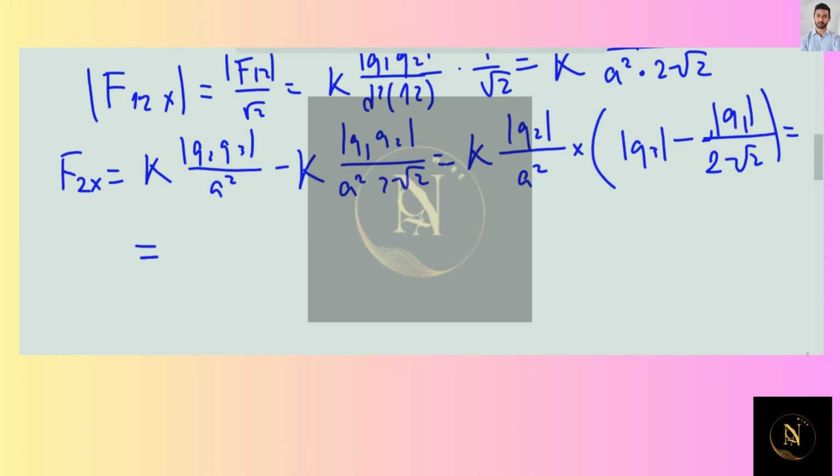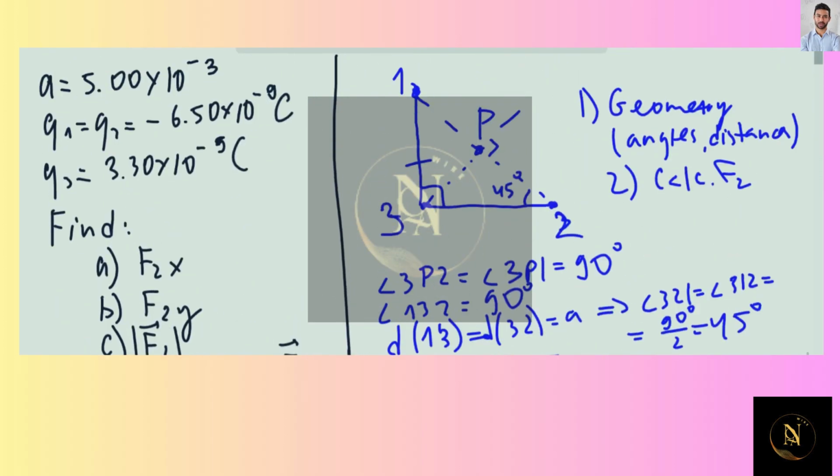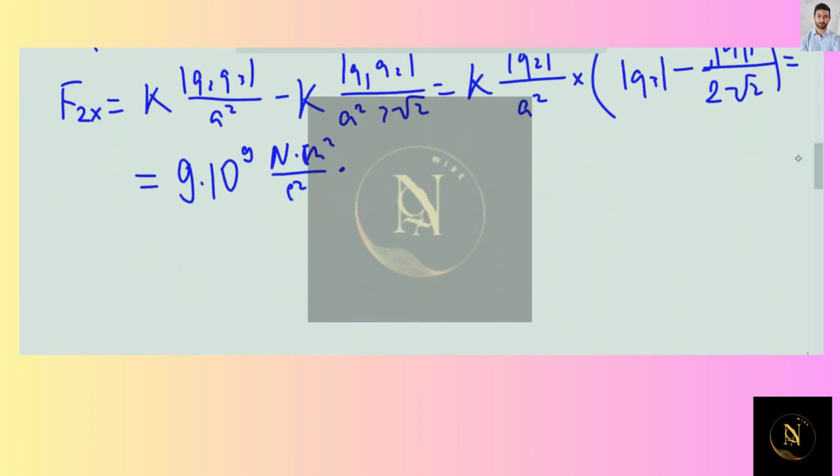Numerically it equals 9 times 10 to the power of 9 newton meter squared over coulomb squared, multiplied by q2, which is 6.5 nanocoulombs, divided by 5.00 divided by 1000 meters, all squared.